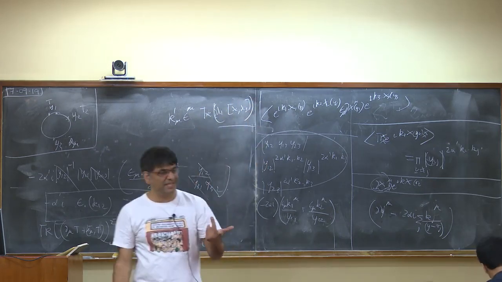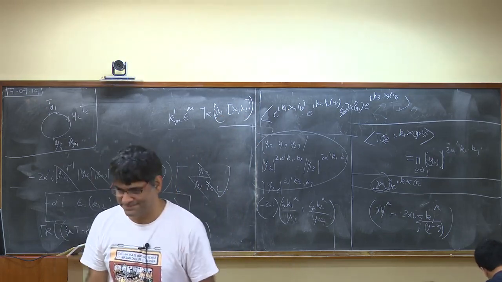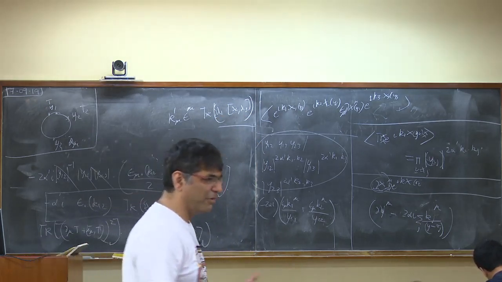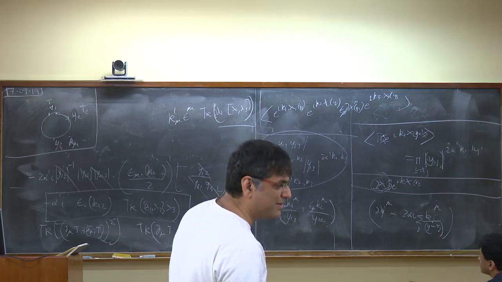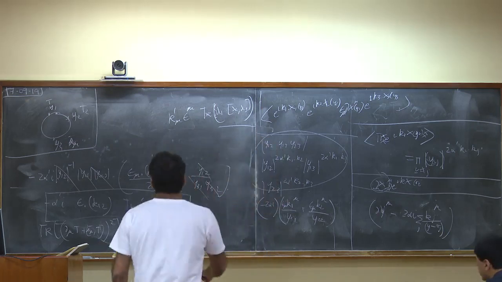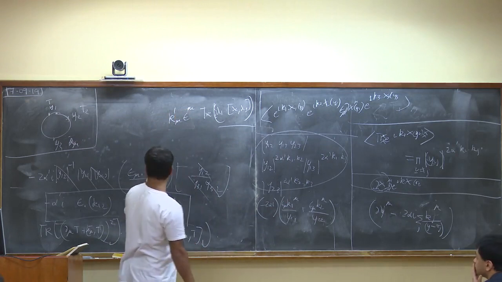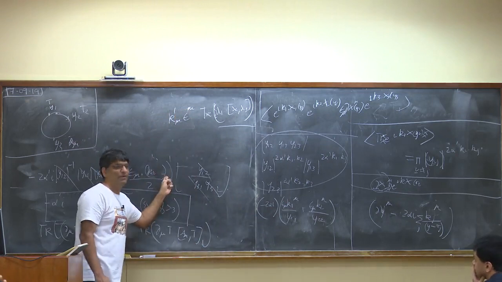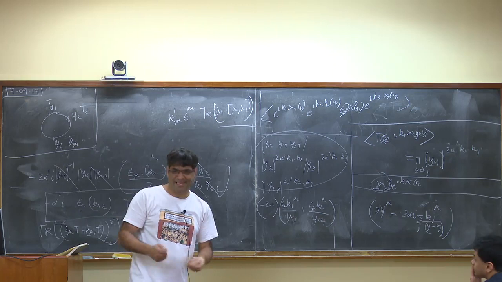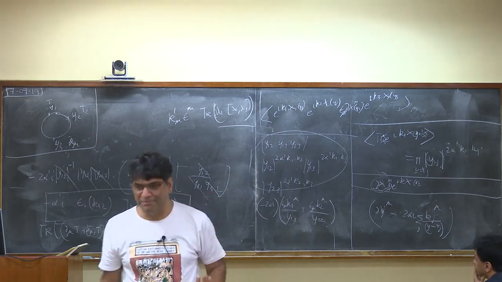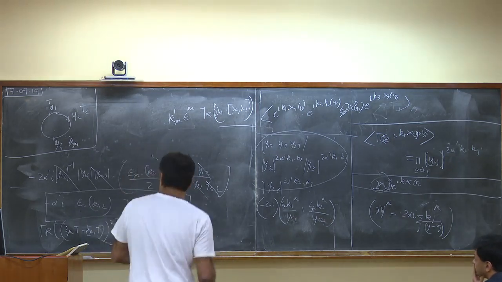Because of cyclicity, it doesn't matter where you put the commutator. It's the same as trace of commutator lambda 1 lambda 2 lambda 3. And here we've got k1 mu epsilon mu, but we've seen before that k1 mu can be replaced with k1 2 by 2. So we've got the same amplitude, except we've got an anti-commutator.